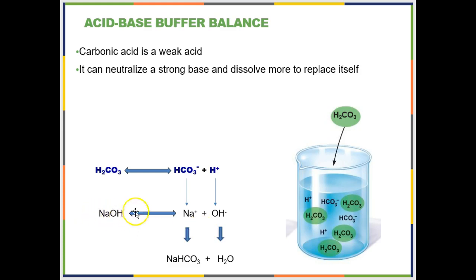So when you add this strong base, it is neutralized by this weak acid. What's going to happen is when these two reactions happen, the formation of water and sodium bicarbonate, that means you have less of this and that.